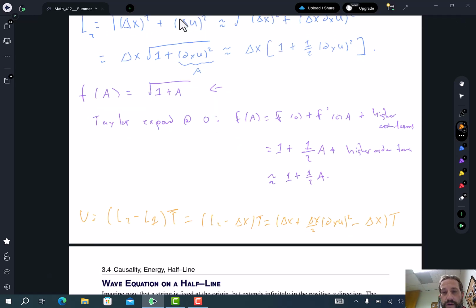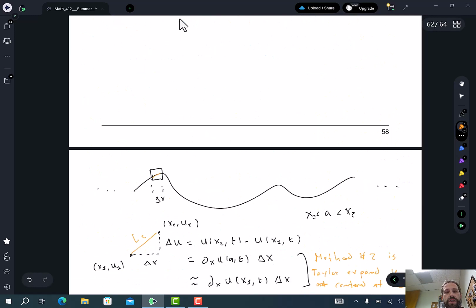So all together, the potential energy in this little segment of string is just equal to that right there.